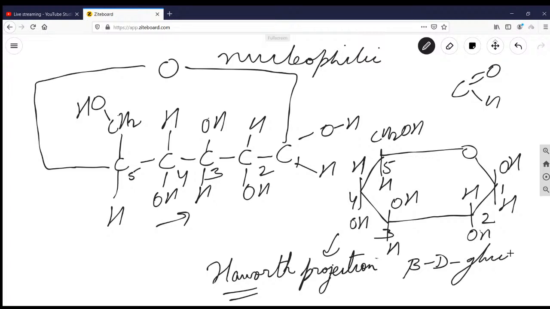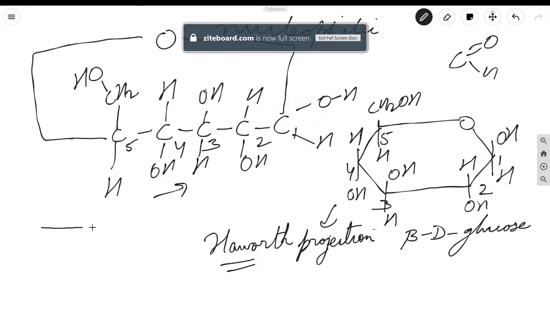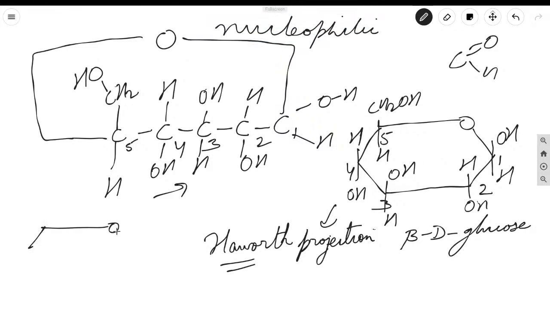This will also be in your book. Beta D glucose, alpha D glucose. If at all this OH comes down, H comes on top, that can also happen. So I'll draw the image here. So H on top, OH down.